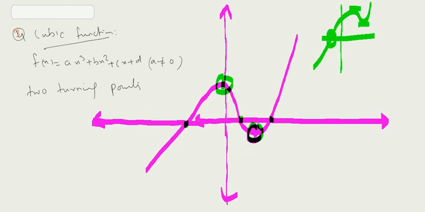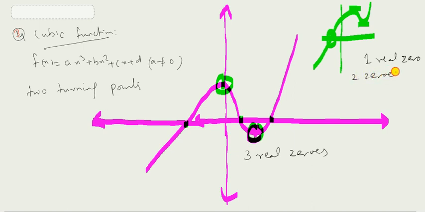I repeat, here I will have 3 real zeros, but here I have one real zero, and the other two zeros are imaginary. So this is the concept of the cubic function and its graph. Remember, the graph of a quadratic function turns only once, but the graph of a cubic function turns 2 times.